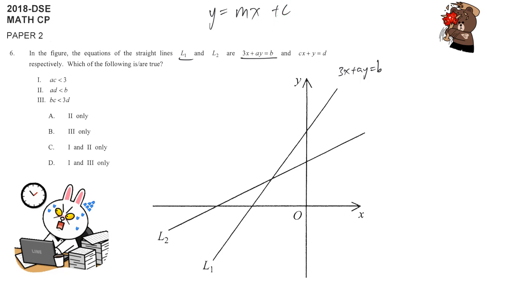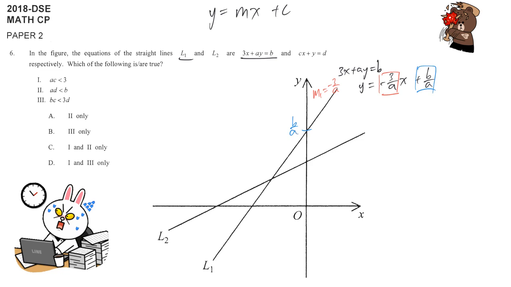So we can get some values directly. y is equal to negative 3 over a times x, and then plus b over a. So by doing this, we find out slope 1 is equal to negative 3 over a. Second, we find out that the y-intercept of L1 is b over a.